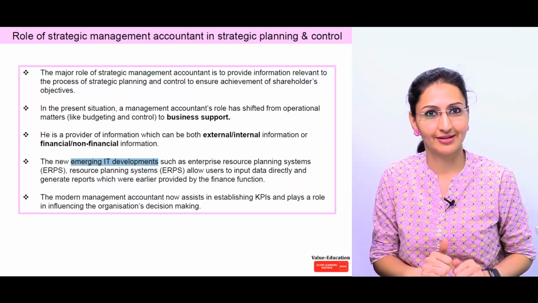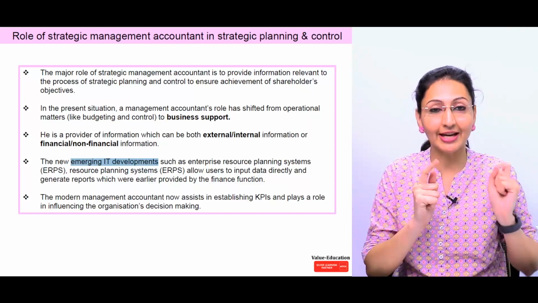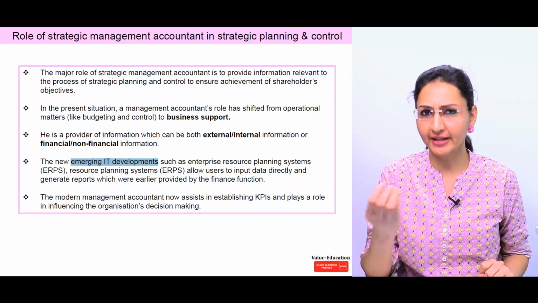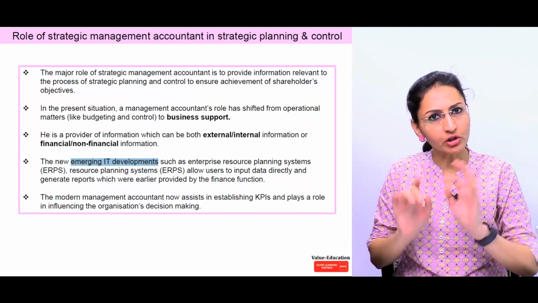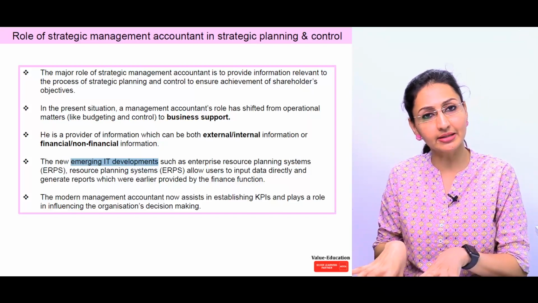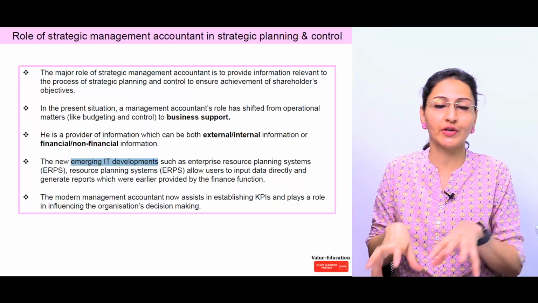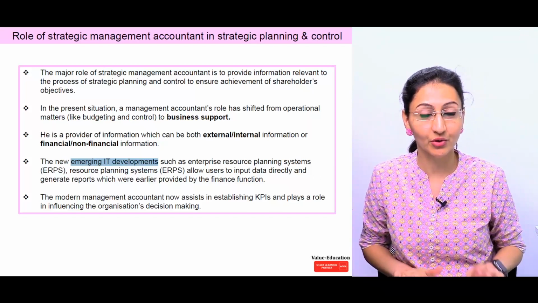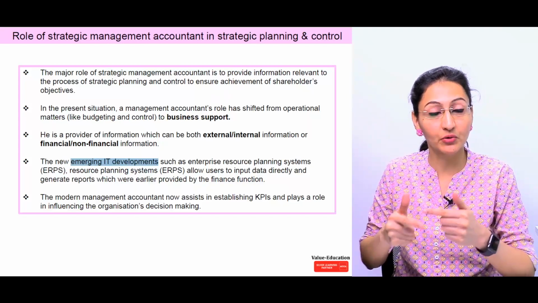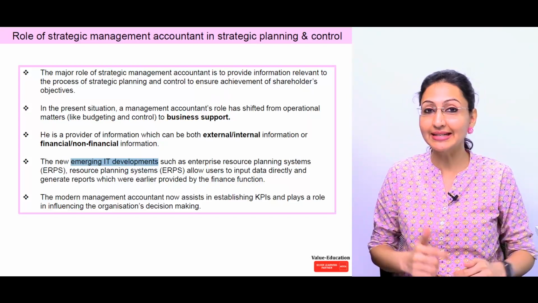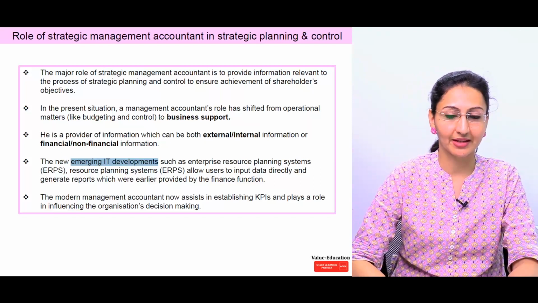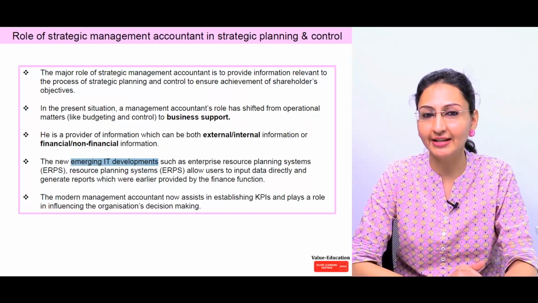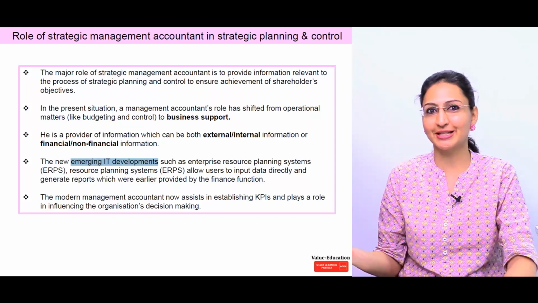But now, with IT developments, ERP systems, and practically SAP, this is done automatically. When the entries are made in the system, reports are also generated automatically. So this task of the management accountant is reduced now. At least he is not an information or number provider. This number providing task is being carried out by the systems itself.